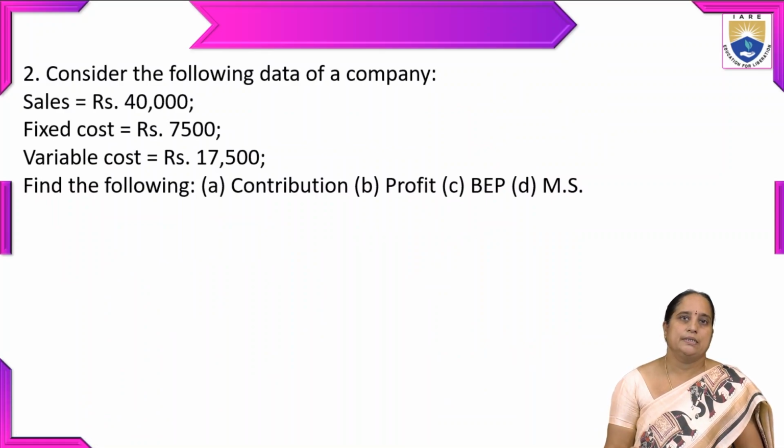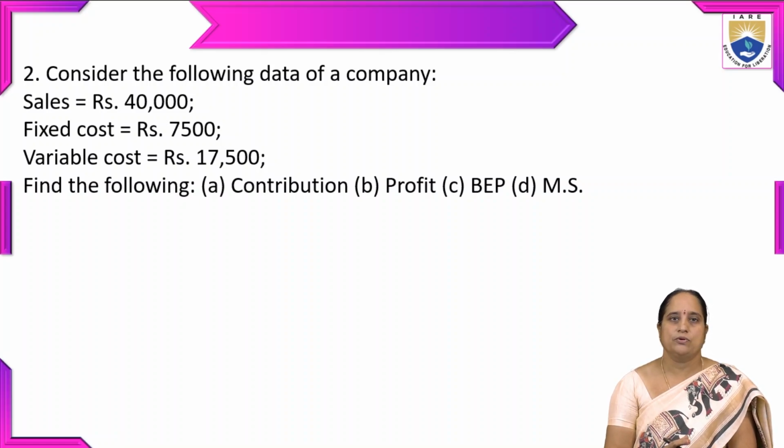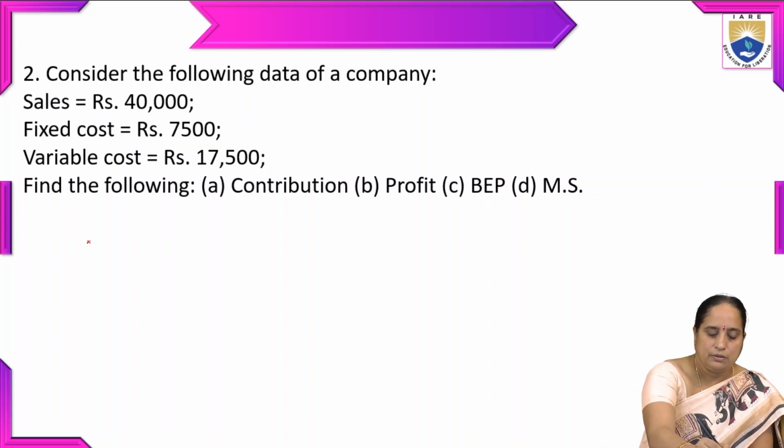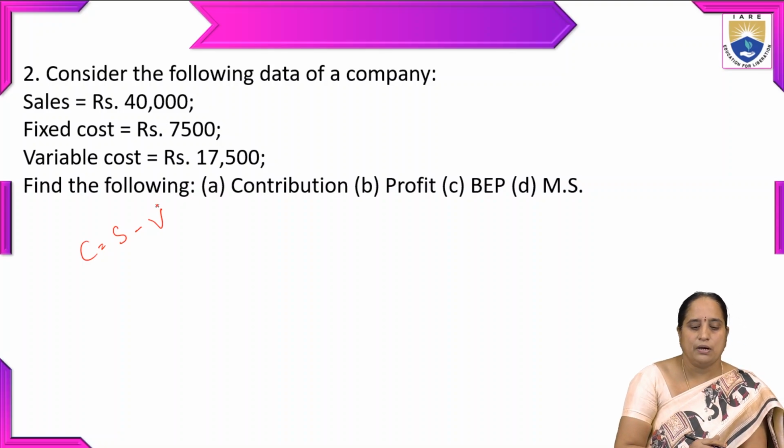So let us take another example. Consider the following data of a company. We are given sales, fixed cost, and variable cost, and from the following we have to find out contribution, profit, BEP, and margin of safety. First of all, find out contribution, which is equal to sales minus variable cost.